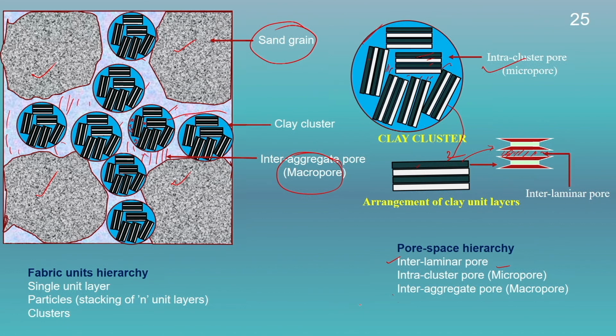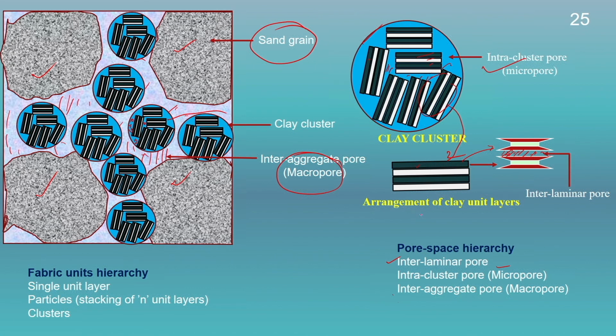But once the soil starts to swell, or when the individual montmorillonite particles start to absorb moisture, then the interlaminar pore space will increase. As the interlaminar pore space increases, the cluster size also starts to grow. As the cluster size grows, the inter-aggregate pores or macropores start to decrease.